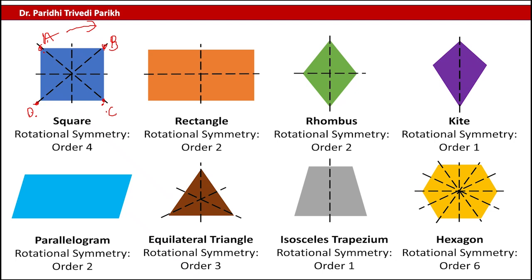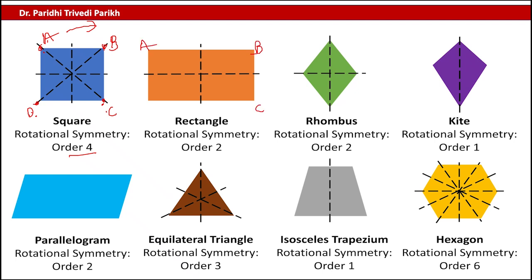I can't understand this if I don't name the vertices to show that I have changed its position. So if you check it, you will have 4 such possibilities where the shape doesn't change when you rotate the square on its axis. So the order of rotational symmetry would be 4.